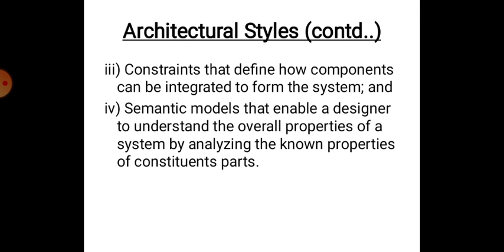Third, constraints that define how the components can be integrated to form the system. And the fourth point, semantic models that enable a designer to understand the overall properties of a system by analyzing the known properties of its constituent parts.